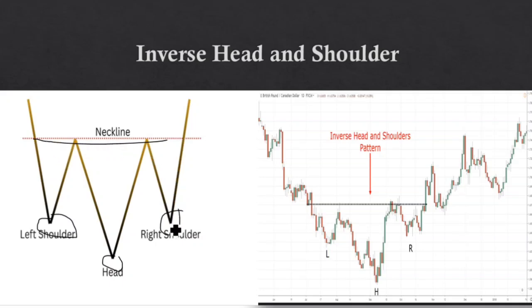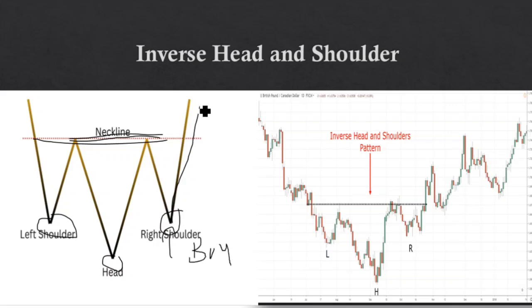So what do we expect now? After price creates the right shoulder, we expect price to go back up and take out the neckline. And what do we do once we see a clear breakout of the neckline? Then we know that buyers are in control. We know that buyers are involved.